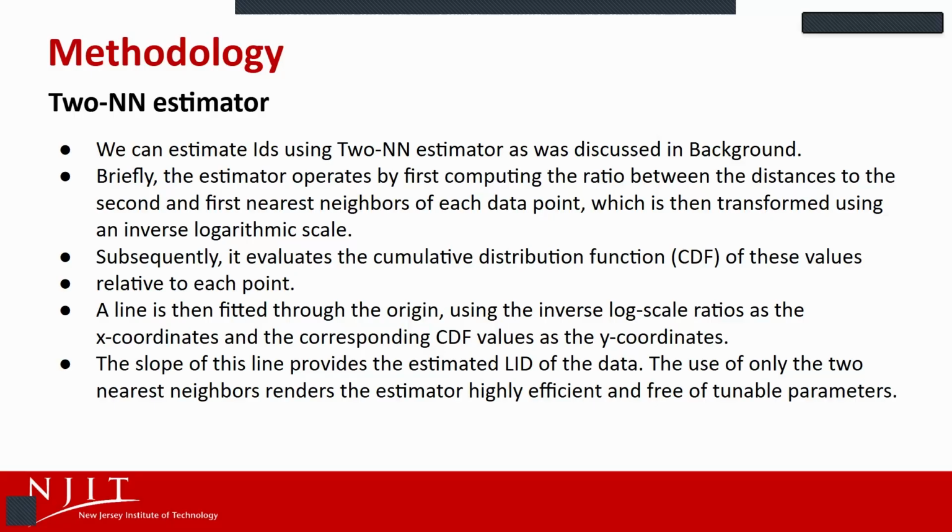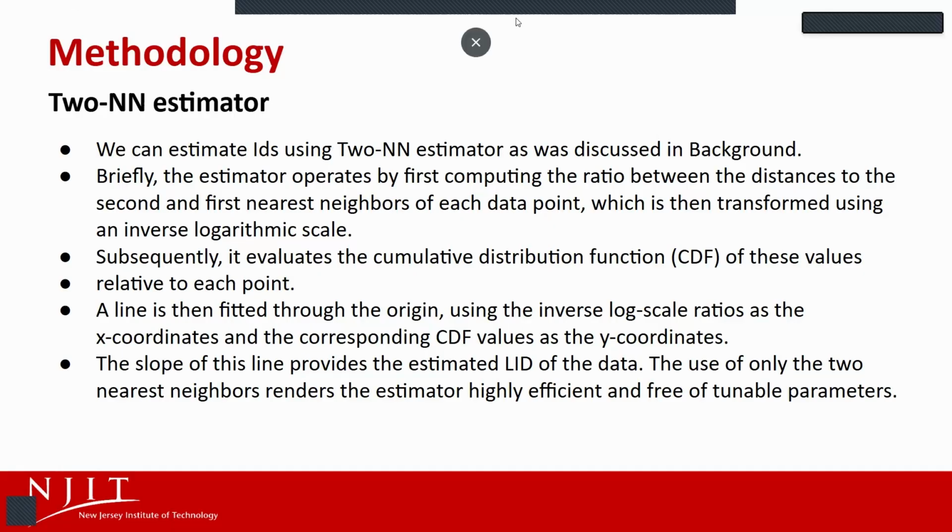Subsequently, it evaluates the cumulative distribution function of these values relative to each point. A line is then fitted through the origin using the inverse log scale ratios as the x coordinates, and the corresponding CDF values as the y coordinates. The slope of this line provides the estimated LID of the data. The use of only two nearest neighbors renders the estimator highly efficient and free of tunable parameters.